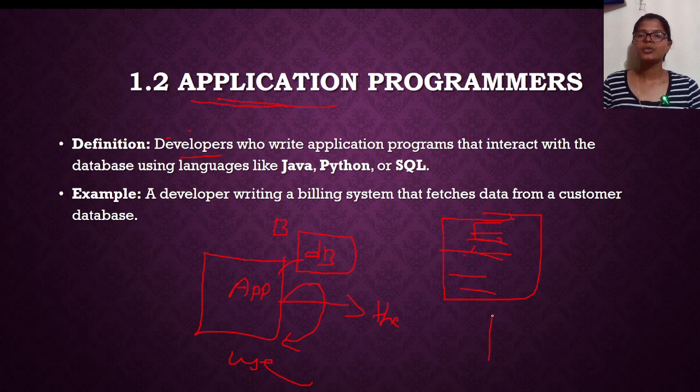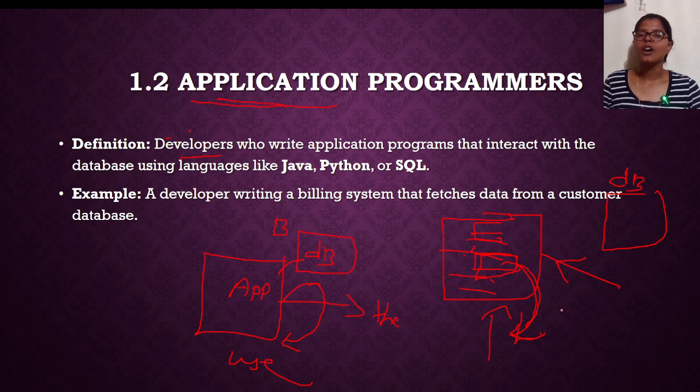Here I'm a user. I click on check balance, and I get my amount, how much is left in my account. Just by clicking check balance, I'm able to see my amount. I'm not writing any program, and I'm not running any SQL query to get my balance. My balance is stored somewhere else, called a database.